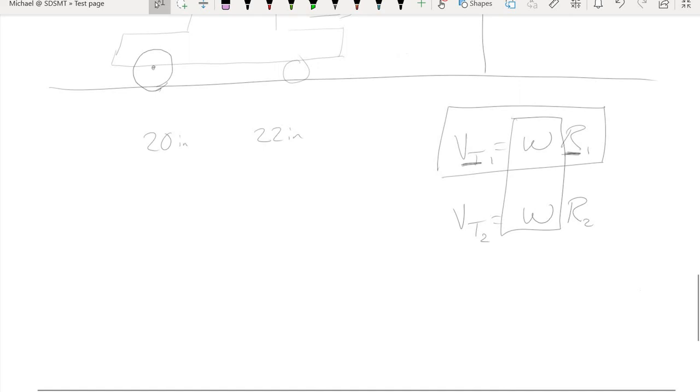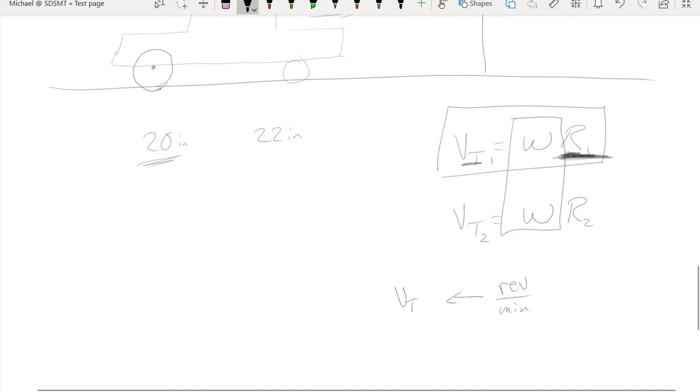In other words, the vehicle is going to measure the revolutions per minute of the tire, and it's going to use what it believes is the factory standard tire to measure the velocity. And that was my mistake, was that I had put a larger tire on the car, but the speedometer was set up to measure the rate of rotation with respect to the factory standard, which was a 20-inch tire.